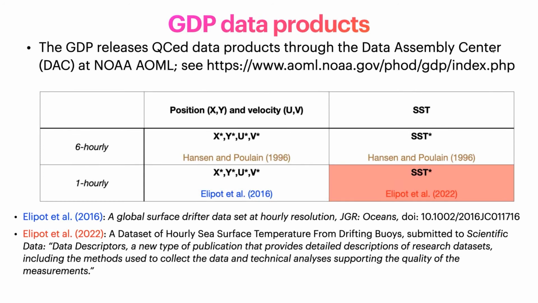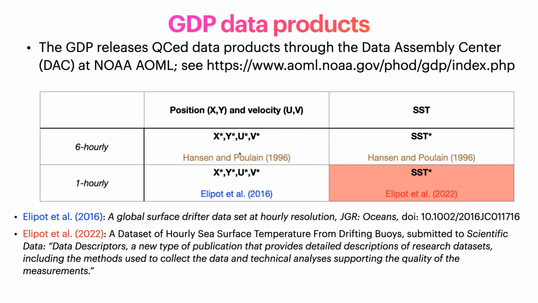So the Global Drifter Program, as I said, also produced some quality controlled products at a later time, that you may have used yourself for your oceanographic research, especially if you're looking at velocity. Here I'm showing you a table that tells you what is currently available. There is a dataset of estimated position and velocity from drifters at 6 hourly intervals along drifter trajectories.